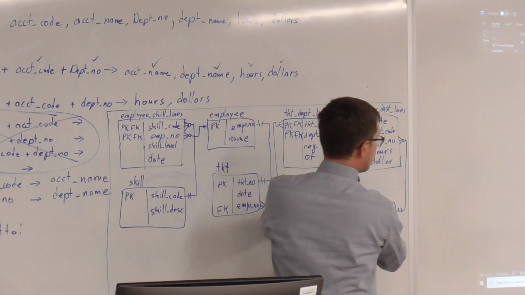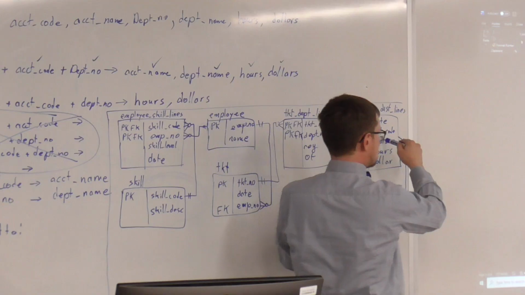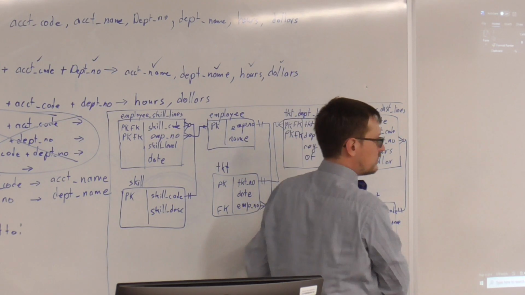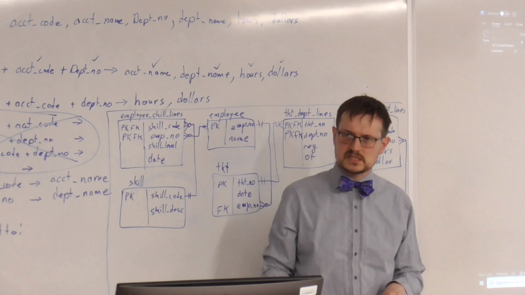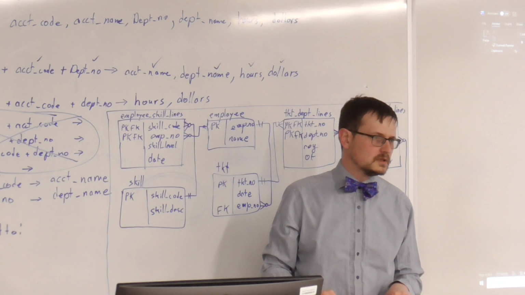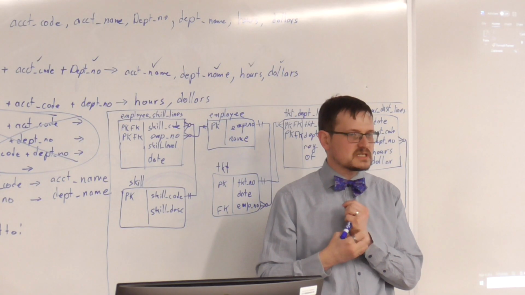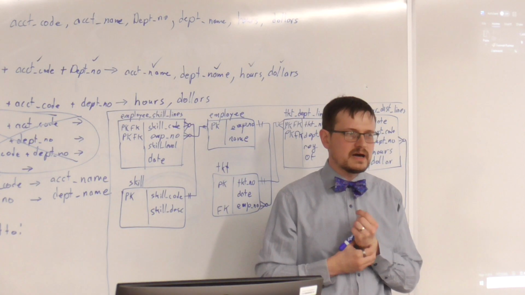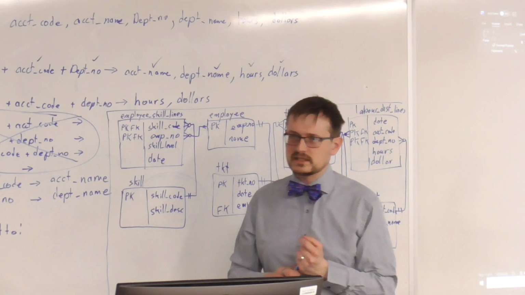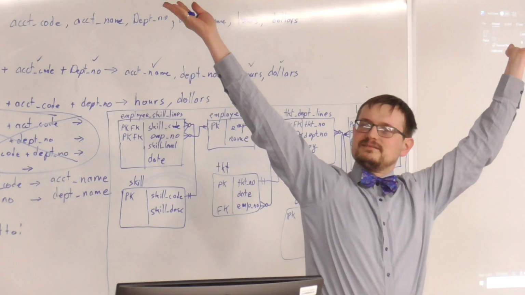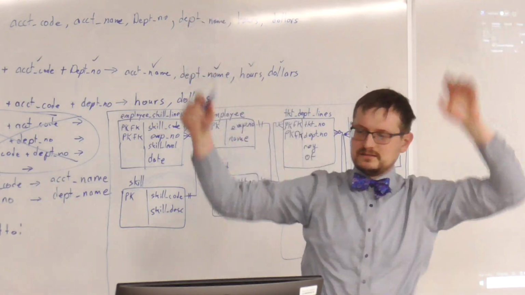That goes to department, goes to labor, and labor goes to account. I wasn't checking the crow's feet to see if they were consistent, but I think they are. So that's kind of interesting that they threw out the date, but we did it! Yay!